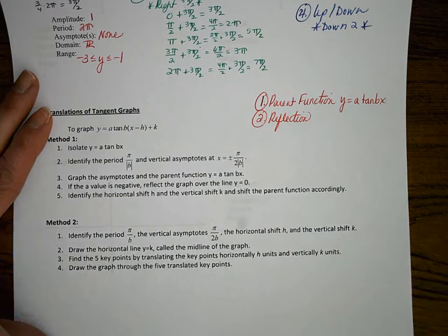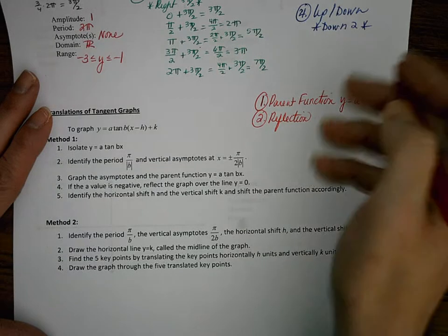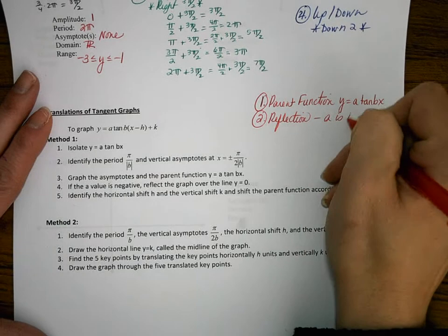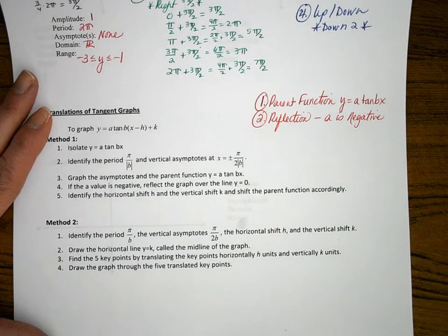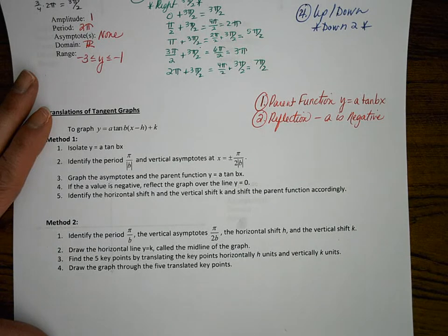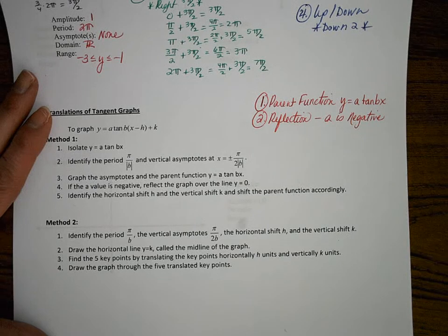And what affects if there's going to be a reflection? The A, absolutely. If the A is negative, there will be a reflection over the line that goes through the middle of that graph. If we do it right away, it will always be the x-axis you are reflecting over.